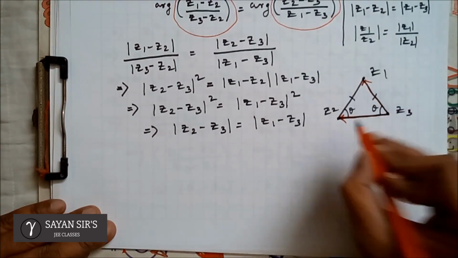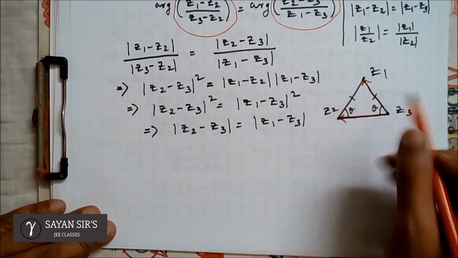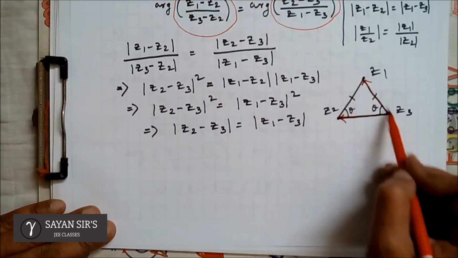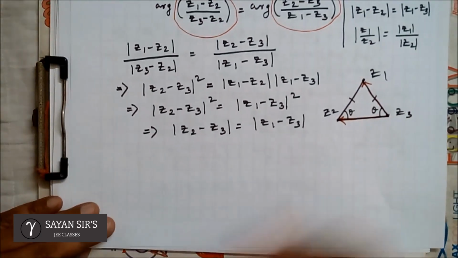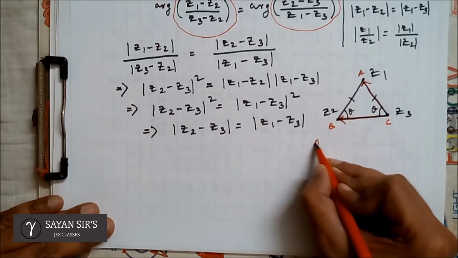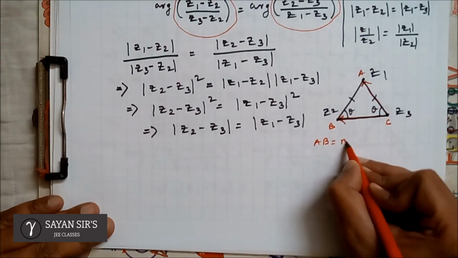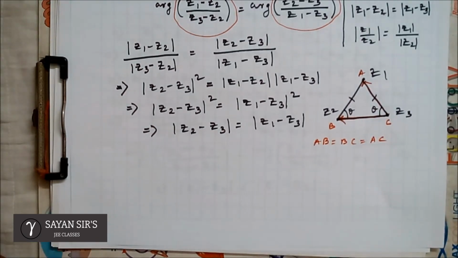We have now shown that these two sides are equal, and these two sides were already shown to be equal. So these three sides are now equal. This shows that this is an equilateral triangle. So if this is A, this is B, this is C, we have now shown that AB equals BC equals AC. So our proof is done. Triangle ABC is an equilateral triangle.